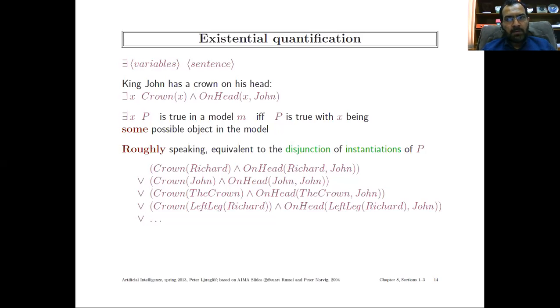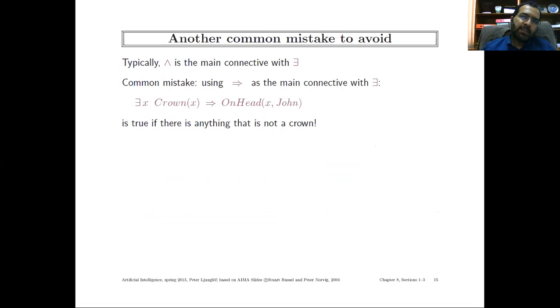In other words, the existential quantifier is the disjunction of all the instantiations, because here you can make a statement, then or, then again a statement, then or, and so on and so forth, taking all the objects defined in the given model. So for all is basically the conjunction of all instantiations, and the existential quantifier, there exists, is the disjunction of all the instantiations. That is the difference between these two.